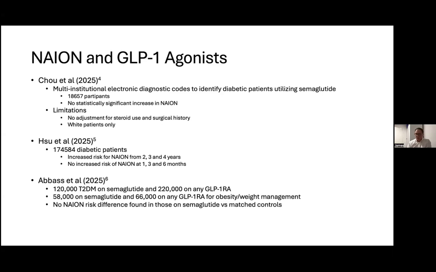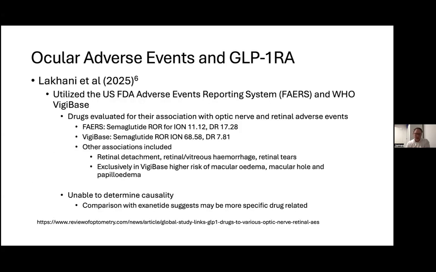So what we're seeing is a number of big studies looking at an association level risk analysis between NAION and GLP-1 receptor agonists.